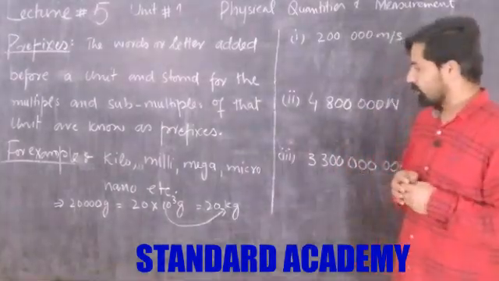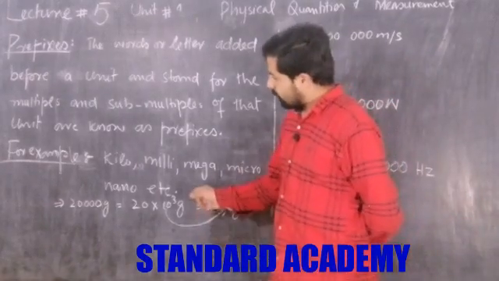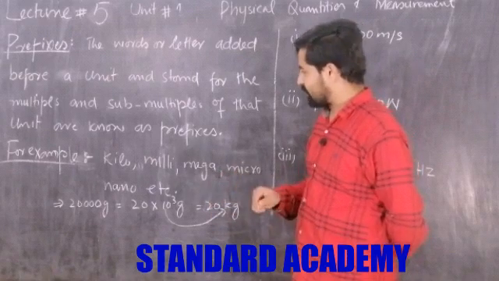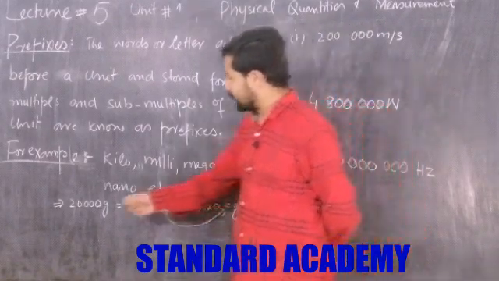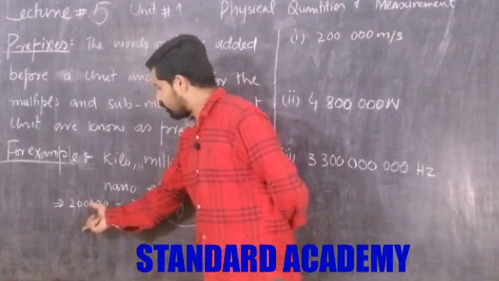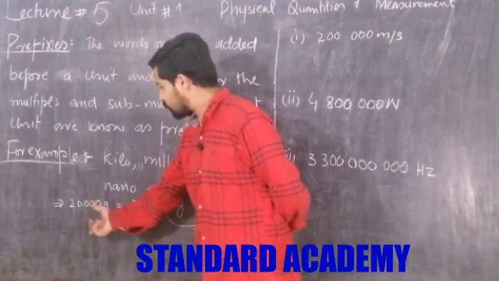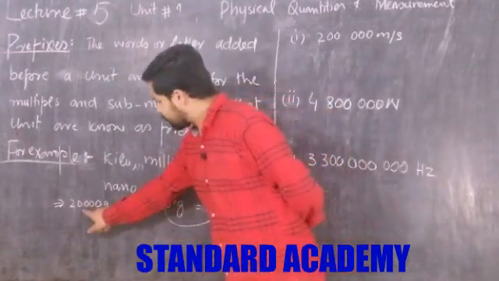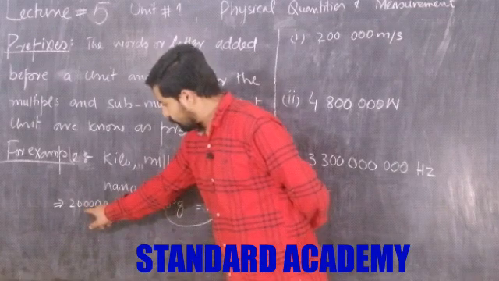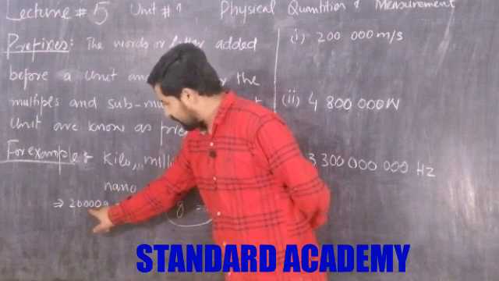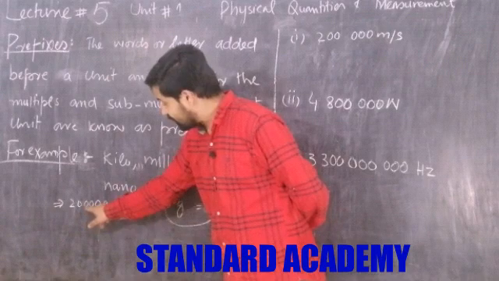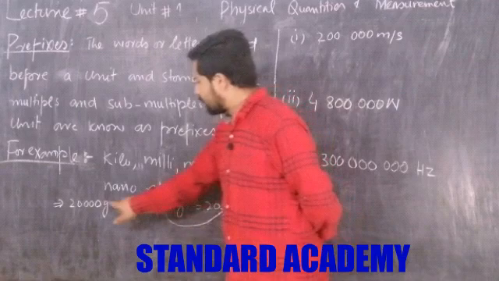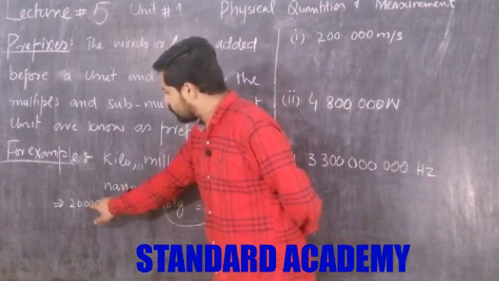Now suppose the first example about prefixes that we have to learn. This is the term, and we have to make the prefix of this term, which is 20,000. So I can write these 3 zeros in the form of multiples of 10. If I make the power of 10 from the zeros, the power will be 1, 2, 3.